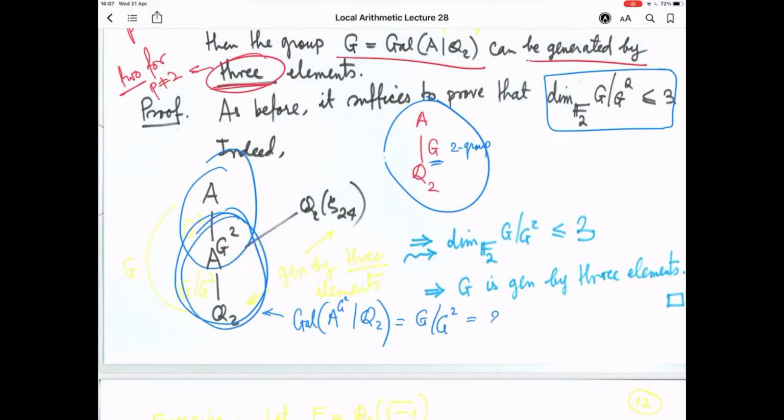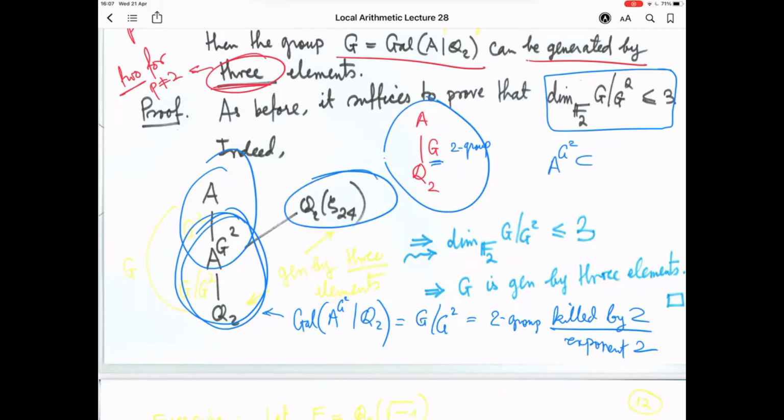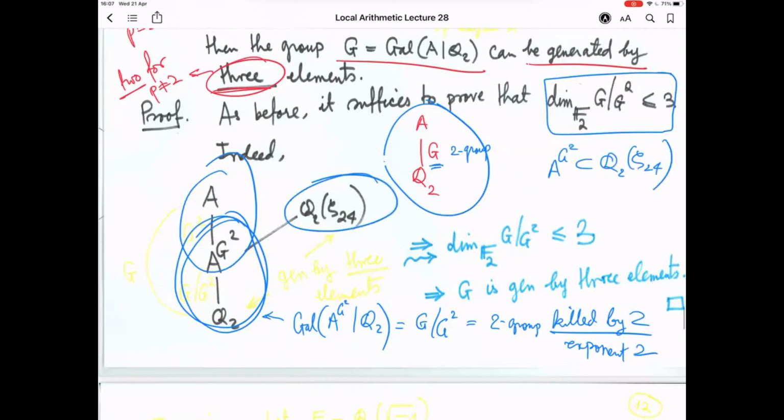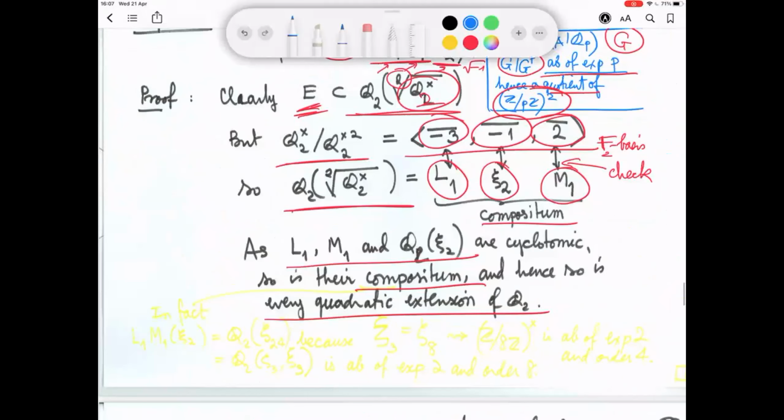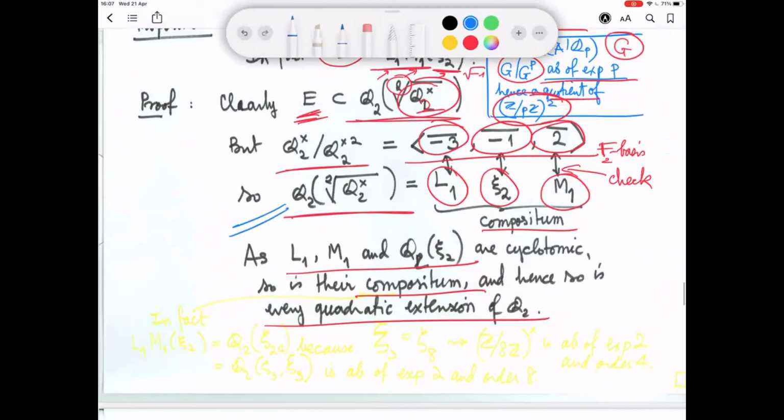So this is a 2 group killed by 2. It's the same as saying it's of exponent 2. And if it's of exponent 2, it has to be contained in this. So AG2 is contained in Q2 zeta 24. I should have said here that this is also equal to Q2 zeta 24.